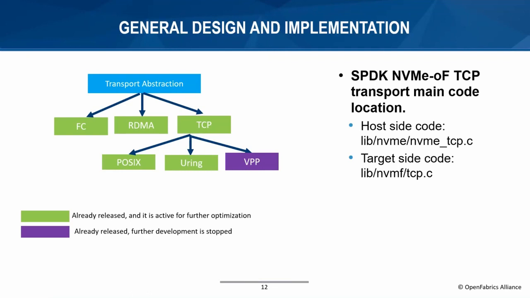So this page just shows the general design and implementation. We can see that SPDK supports 3 transports, and under the TCP transport, we use different socket implementations. We call the 3 implementations POSIX, URING, and VPP. POSIX means that we just use the POSIX API in Linux to use the socket.